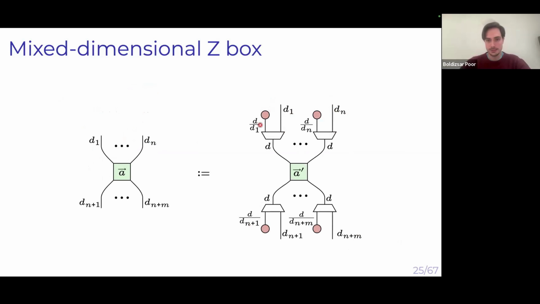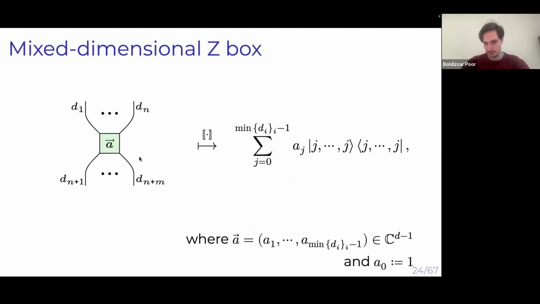So we can input ket zeros into the dimension splitters, and then in this larger state space in the middle, which is going to be the sum, or the product, of all dimensions that are inputted, we can express the Z spider, and this corresponds to the interpretation shown above.